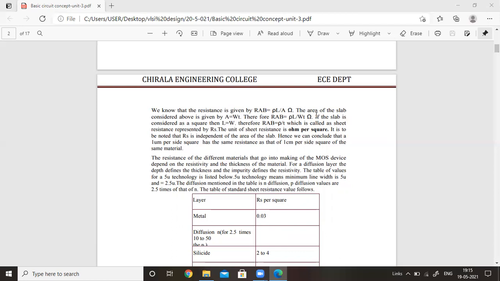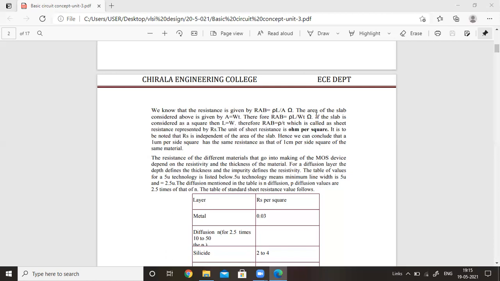The main important thing in this case is that the impurity material defines the resistivity of the material. Depth depends on the thickness, how much diffusion depth the impurity material has.